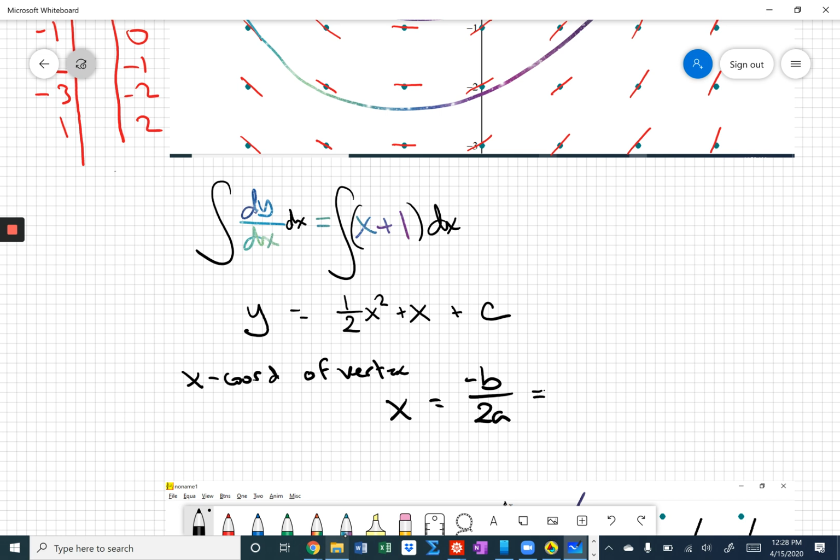So b is 1 here, so -1 over 2 times a. 2 times 1/2 is just 1, so this is just -1 over 1, or just -1. So the x-coordinate of the vertex for this parabola is going to be at -1.